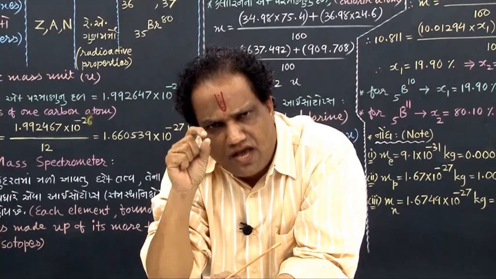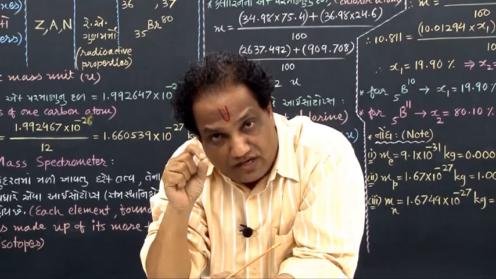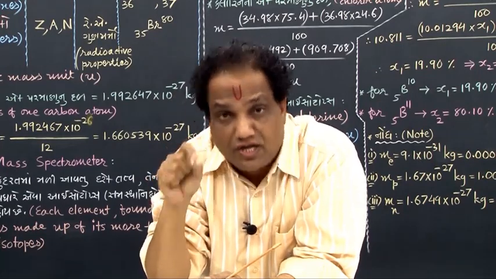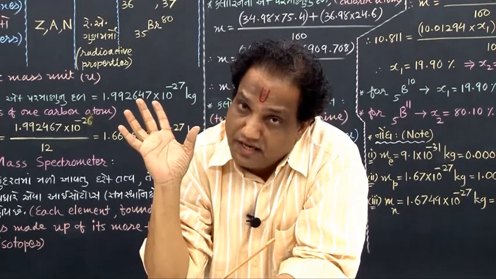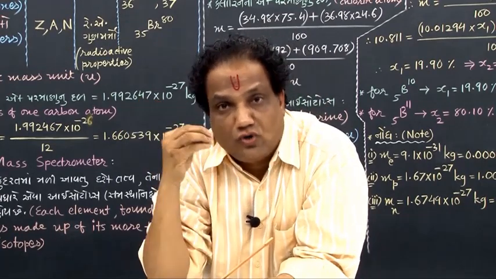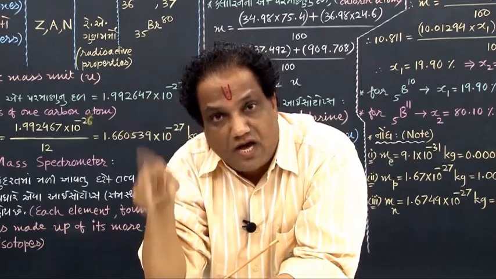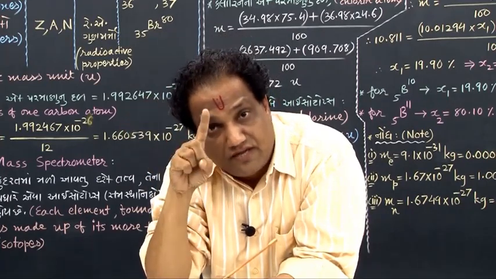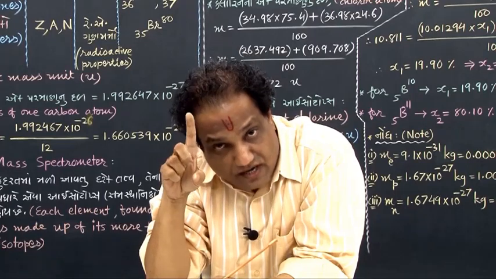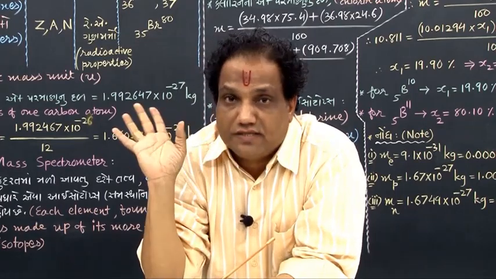Such a tiny, heavy central part of an atom is termed as nucleus. Correct? Almost the total mass of an atom and total positive charge of an atom are concentrated in the very tiny central part of an atom called nucleus.